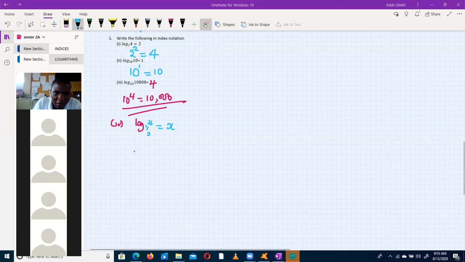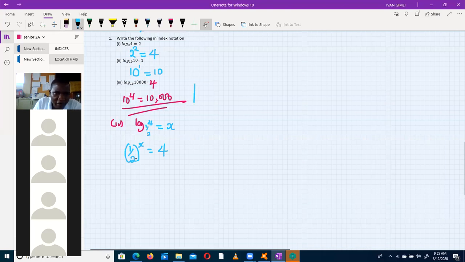Can I have one person who is clear? A half to the power x is equal to 4. Yes, I have said it. If they ask you to find the value of x here, what would be the value of x? Can you now apply the indices to find the value of x here?